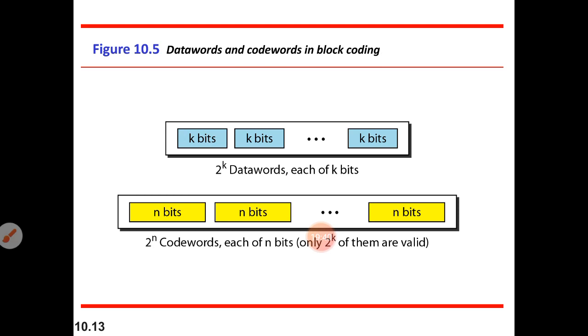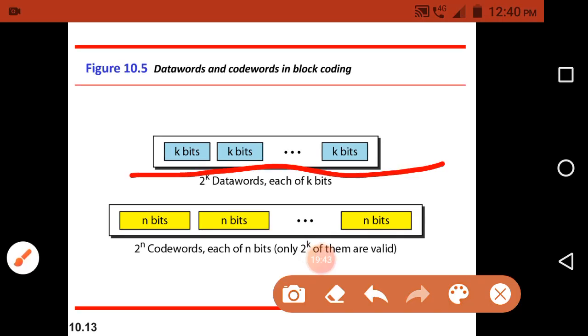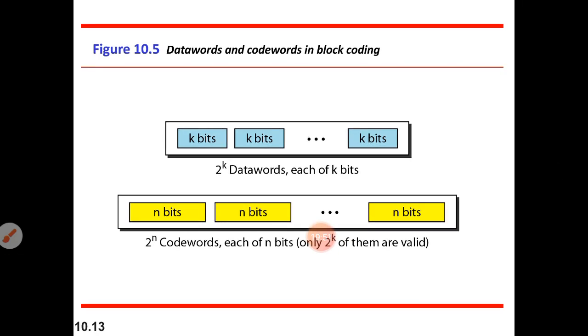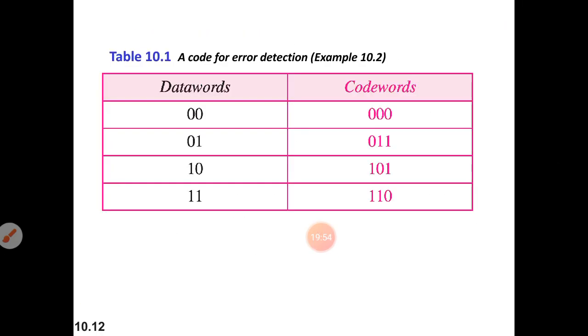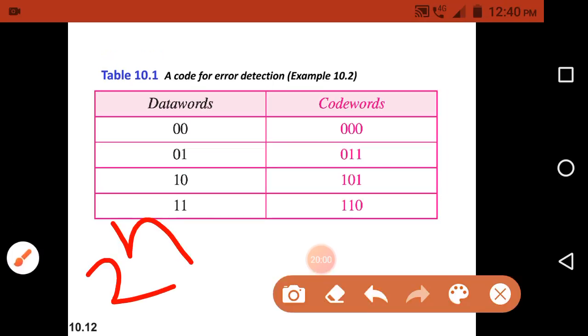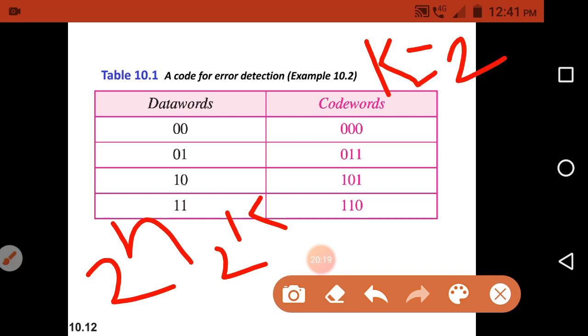For example, what is the k value here? That is 2, from this data word.